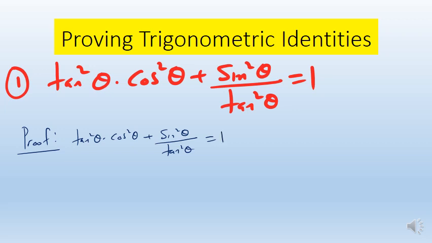Now there are several ways of doing this. What I like to do is, whenever I see a tan, I like to write that as sine over cos. So it tells me that tan squared would be sine theta over cos theta, all squared. That is tan squared theta.